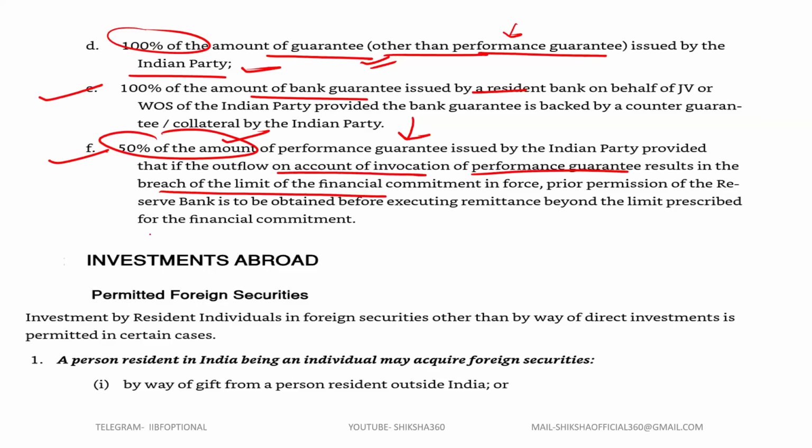So in that case, they will require the permission of the Reserve Bank of India. And we have already discussed in detail regarding the joint venture and all other points.